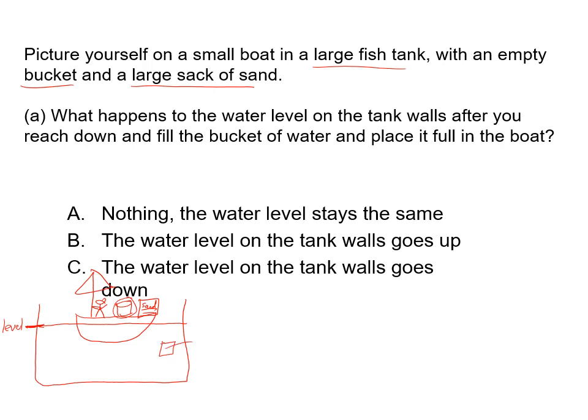Okay, so this has some volume here, which equates to some mass of water, and that mass of water is going to be equal when you put it onto the boat, and so the boat is going to sink down and then displace an equivalent mass of water. So it doesn't really matter where the water is located. Okay, it is going to have the same volume whether it's in the water itself or whether it's on the boat. So nothing happens to the water level, it stays exactly the same. Okay.